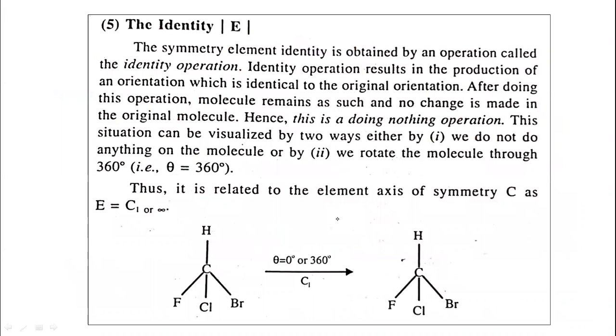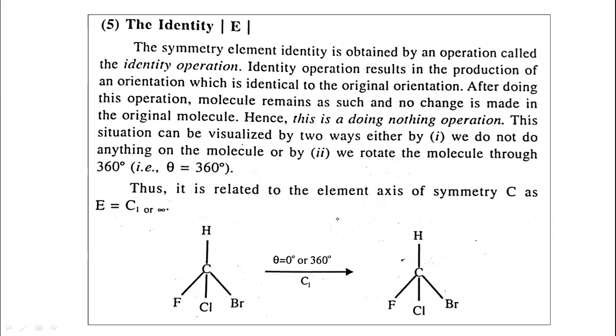Now the last symmetry element is identity. It becomes very simple. The symmetry element identity is obtained by an operation called the identity operation. The identity operation results in an orientation which is identical to the original orientation. Identity means we are getting the same orientation.